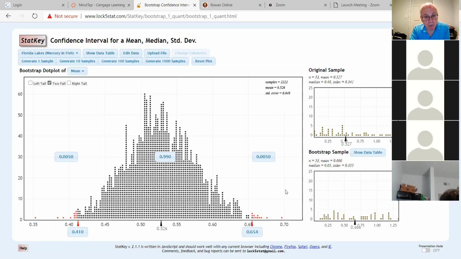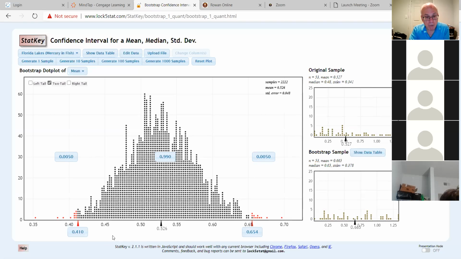I think confidence intervals are easy for students to understand because it makes sense what we're doing here. It's just the interpretation. You have to make sure that you do not fall into the trap of saying the probability that the true mean is between these two numbers is 95%. You can't say that. That's incorrect. That's because we could have chosen other samples, other than the one up here, and we would get a different interval.